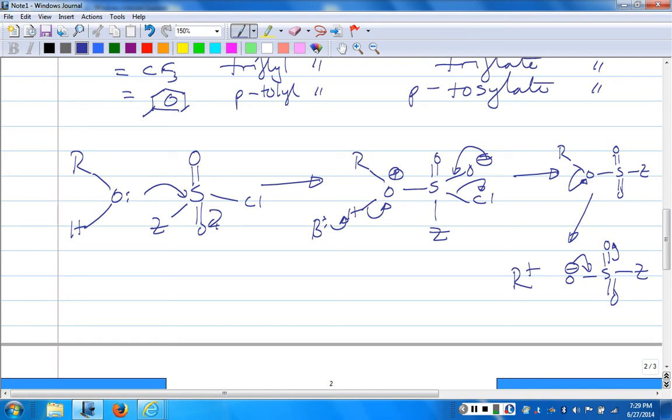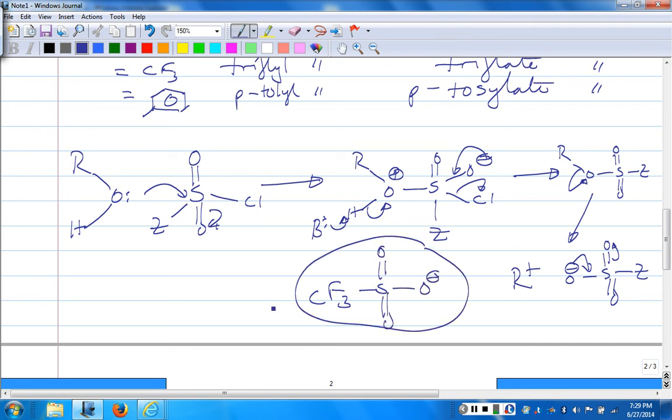In particular, if you take Z and make Z equals CF3, then this group, this triflate group as it's called, really represents the world's very best charged leaving group. The triflate anion is the world's best charged leaving group, and this is really, really good. The world's best leaving group is nitrogen.